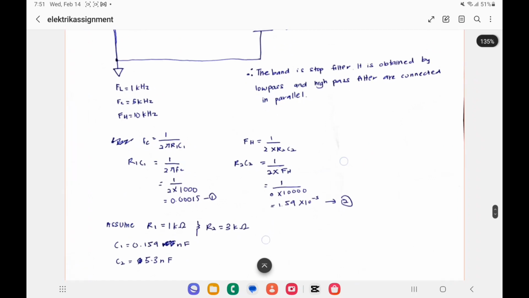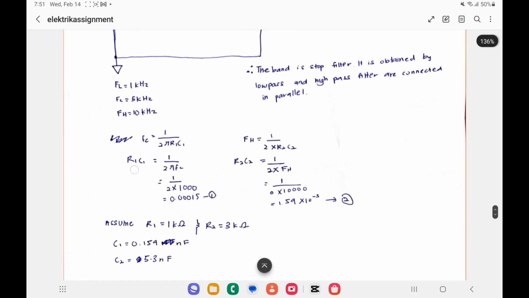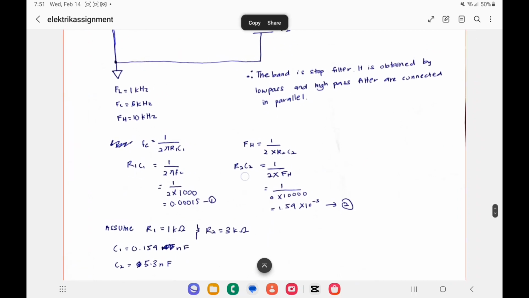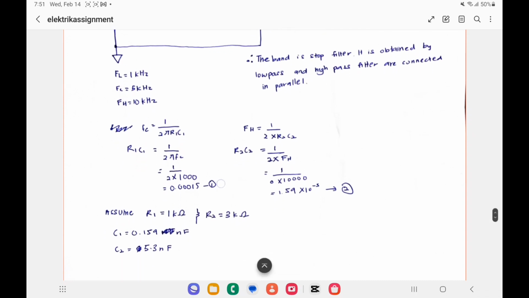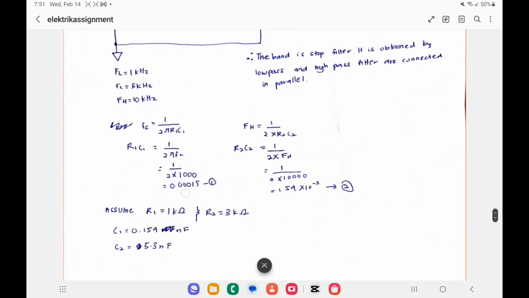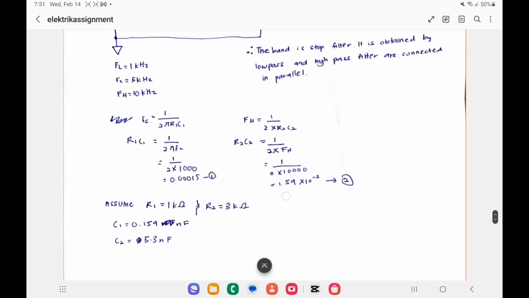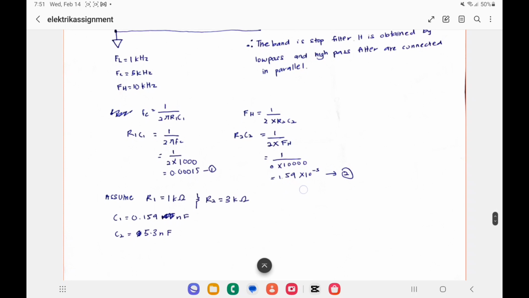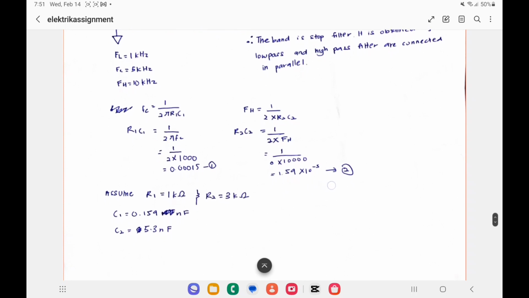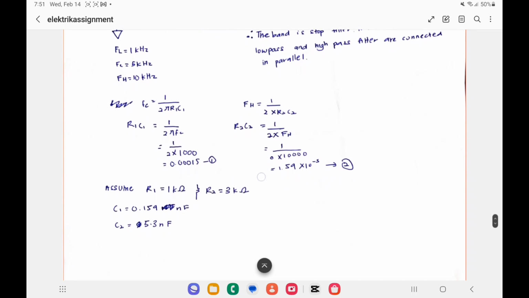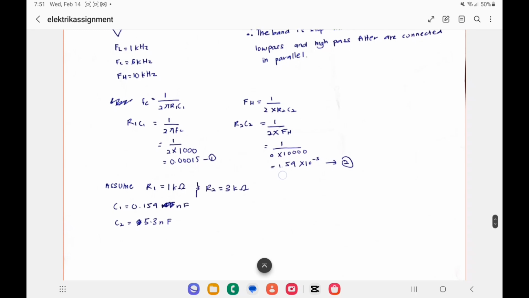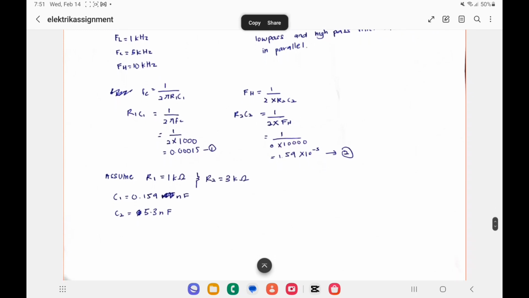In order to prove that, we need to find the value of R1 and C1 and the value of R2 and C2. The value of R1 times C1 is 0.00015. The value of R2 times C2 is 1.59 times 10 power of negative 5. And then we just use simultaneous equations.